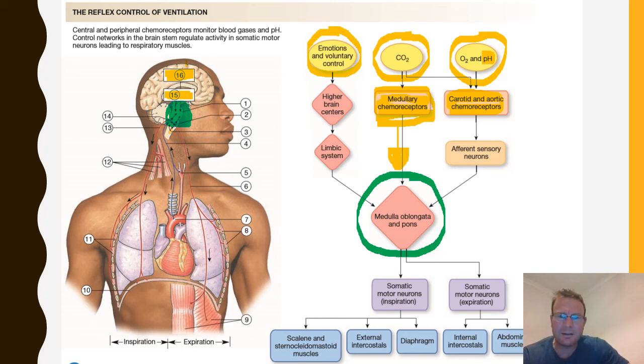They tell our medulla oblongata, our respiratory center, about the status of our body. Now, that responds by telling our muscles, our respiratory muscles this is, to either contract quickly or slow down. So the whole integration is done at that medulla.